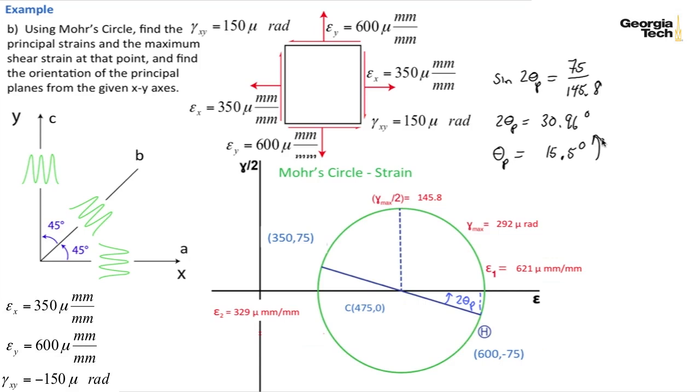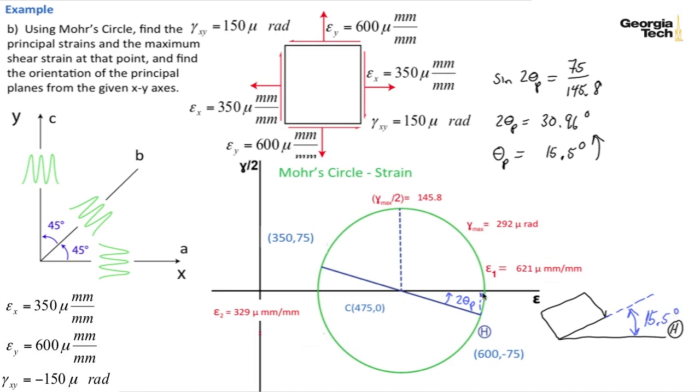So I can now draw a properly oriented strain block. I have my horizontal face, and I'm going to rotate 15.5 degrees from the horizontal. So this is 15.5 degrees.